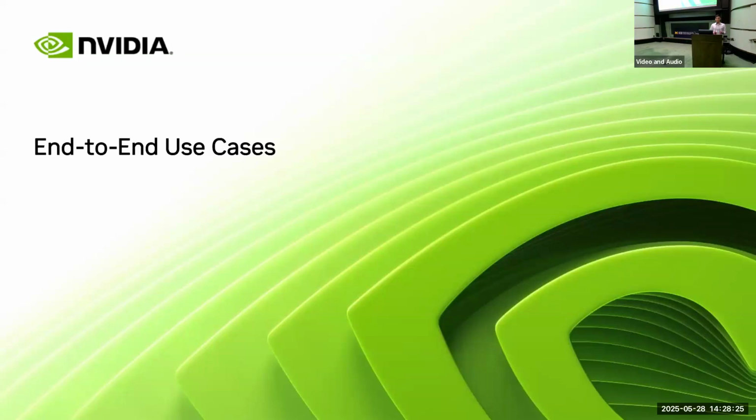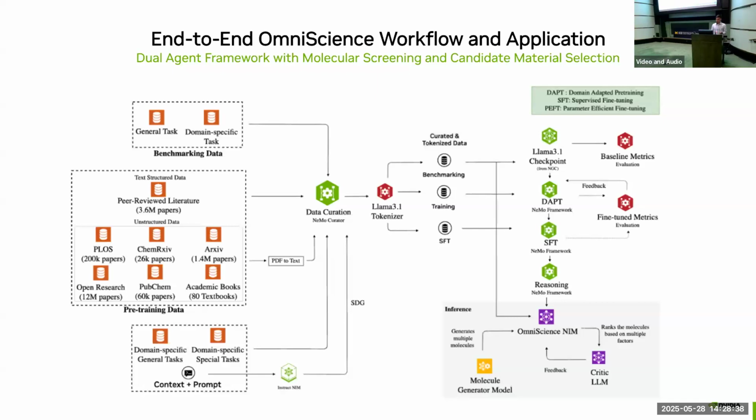And so now I'll briefly go through some end-to-end use cases just to highlight how we can use these reasoning models, and talk through, at a high level, the steps that I have covered. This is showing the end-to-end Omniscience workflow. On the far left, we're starting from a large corpus of data.